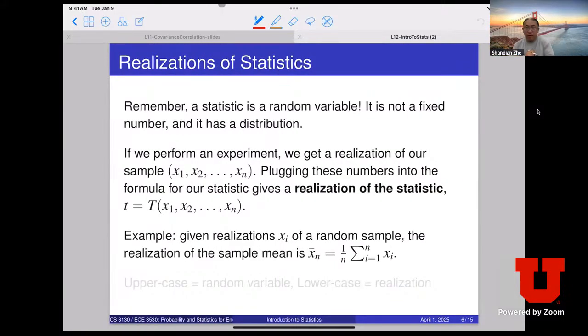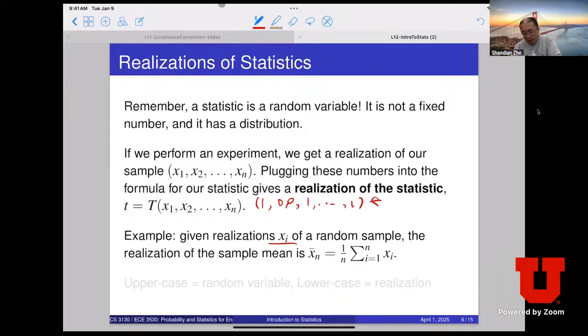So here's one concrete example. Suppose I do some experiment, say I flip a coin 10 times. I get a realization of my random sample, which is just a sequence of 1s and 0s, for example 1, 0, 0, 1, 1, 1. This is one realization of my random sample in my coin flipping experiment.